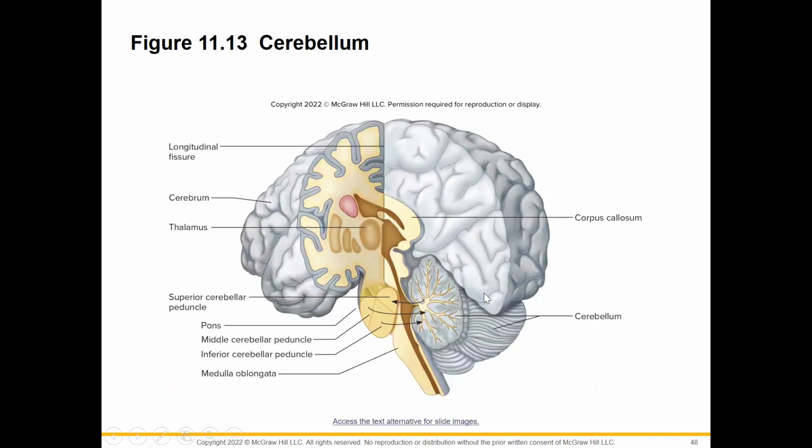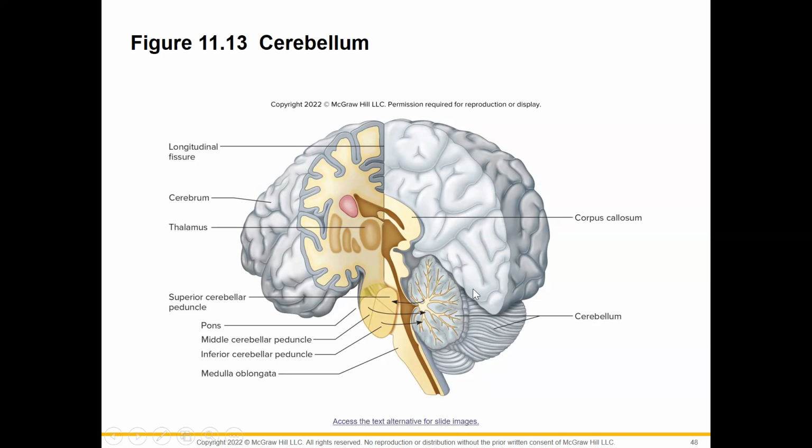So the cerebellum is this organ in the posterior aspect of the brain. It is inferior to the occipital lobe of the cerebrum. It is posterior to the brain stem. There are two halves, so this is one hemisphere, this is another hemisphere.